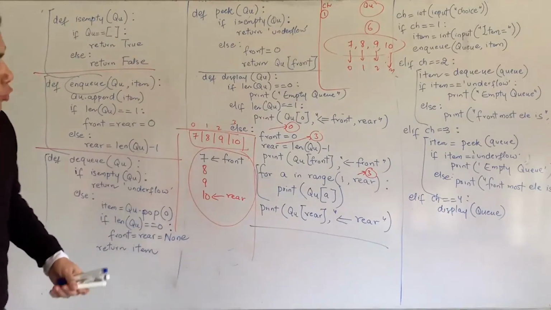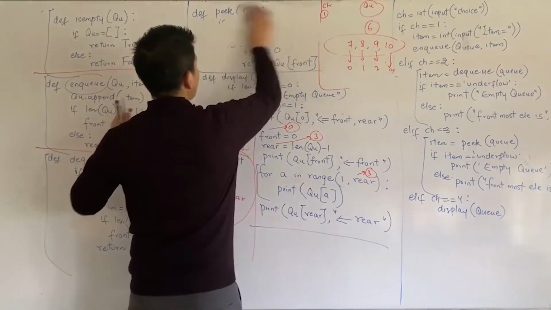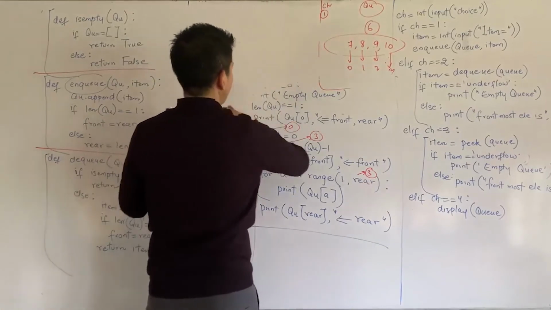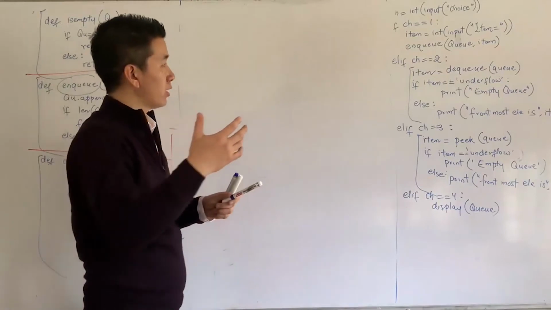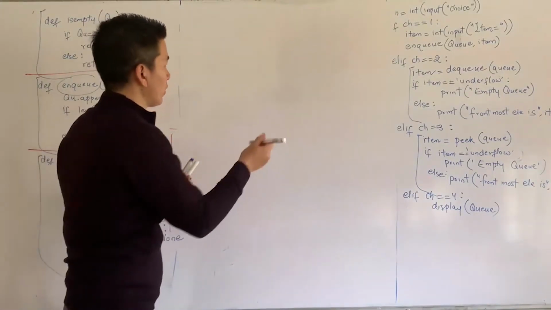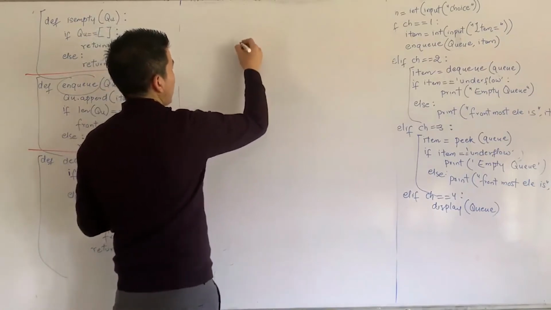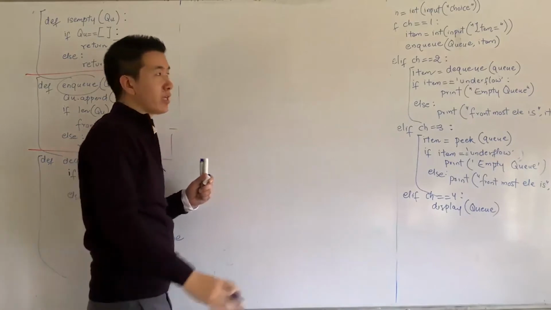Now we'll move on to the next part. At the end of the program, you should be imagining Q like this. Now let's say you have a series of NQ and DQ.